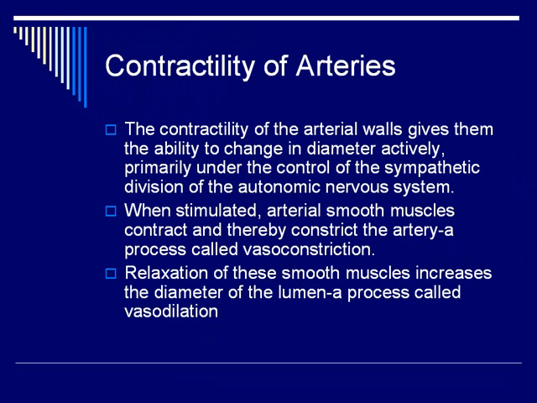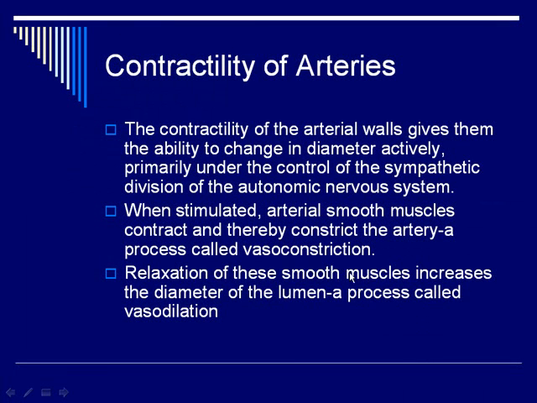So your peripheral vessels may vasoconstrict. That's why a lot of times when you're in stressful situations, your hands get sweaty. They may either dilate or the blood vessels may constrict depending on the stimulus that's there. And again, this is because of the surge of epinephrine in your body that generates this response mechanism. So, when stimulated, arterial smooth muscles contract, thereby constricting the artery, a process called vasoconstriction. Vasoconstriction, you need to know that definition.